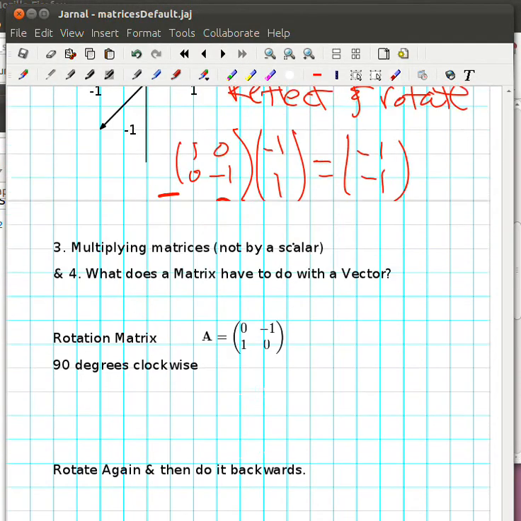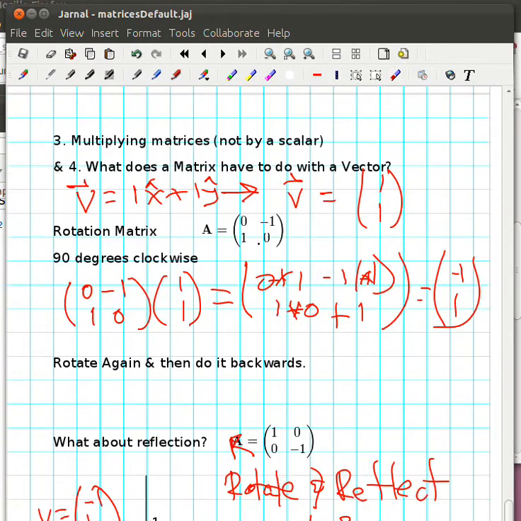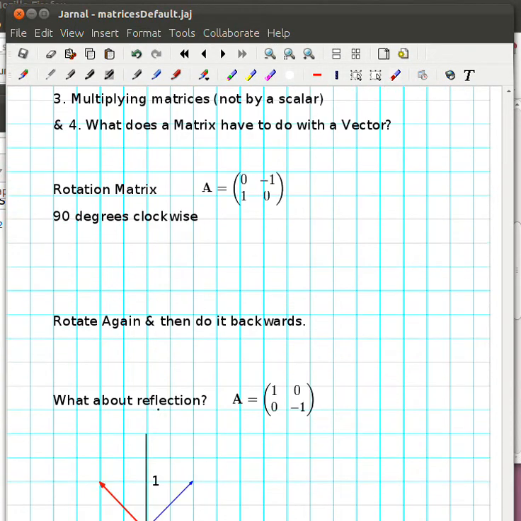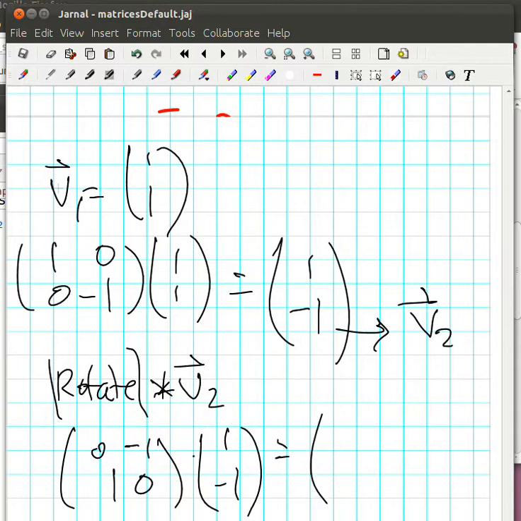So what does the rotation matrix look like? The original one we used, the counterclockwise. So it's going to be 0, -1, and 1 and 0, times v2, which is 1 and -1, and that equals 0 plus 1 and 1 and 0.